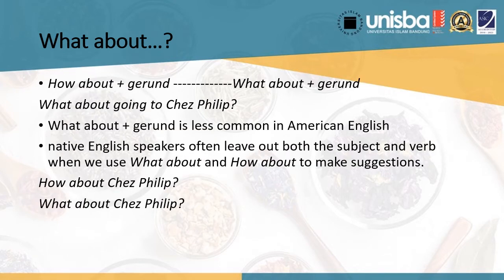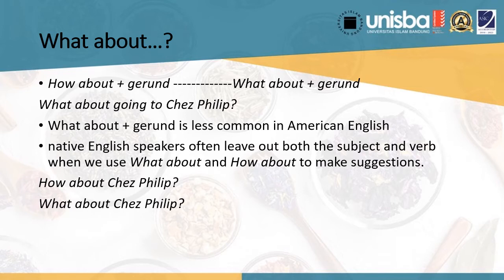So let's talk about what about. The phrase what about is very similar to how about. So literally, you can replace the phrasing how about plus gerund with what about plus gerund to express the same meaning.